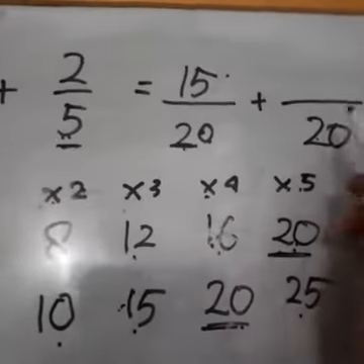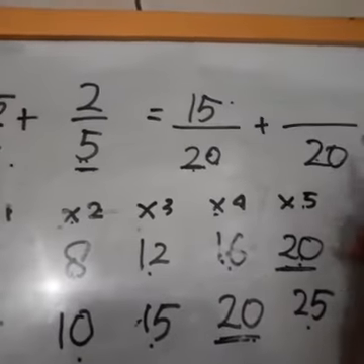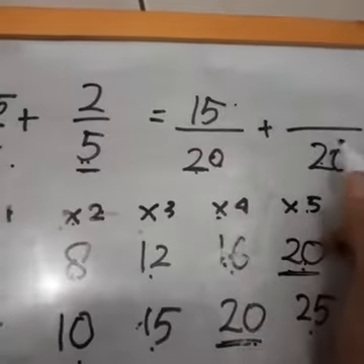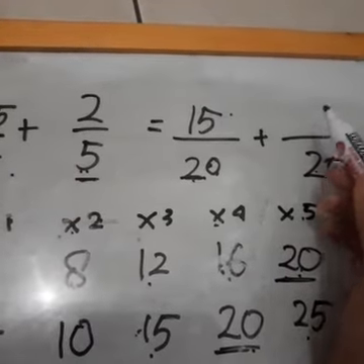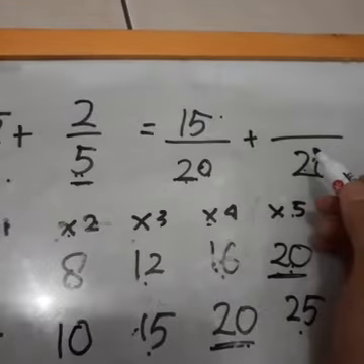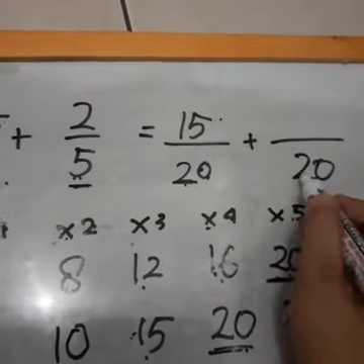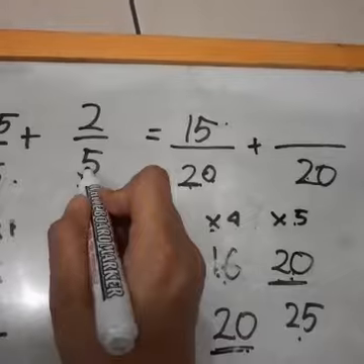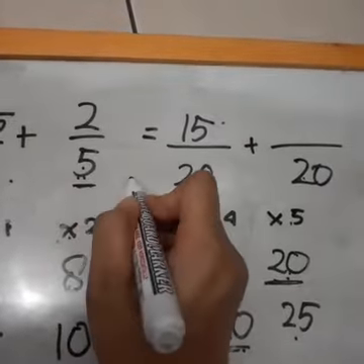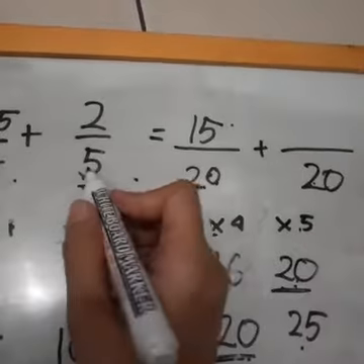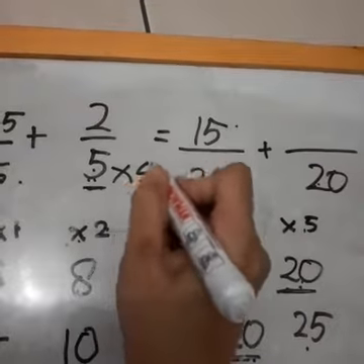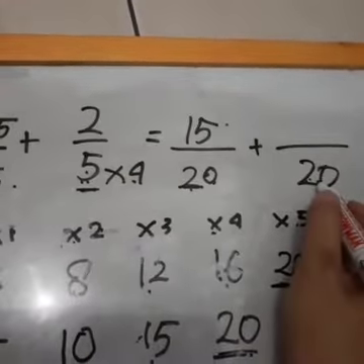And for the second fraction, we have to find the numerator. The denominator is 20, and this is 5. 5 times what number is 20? 5 times 4 is 20.